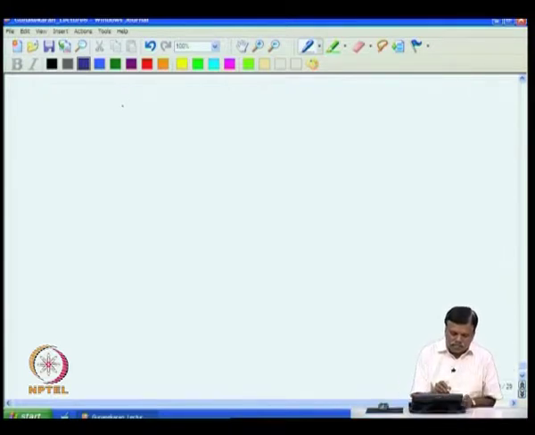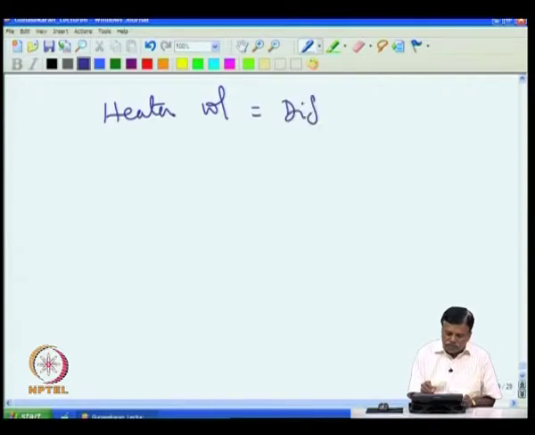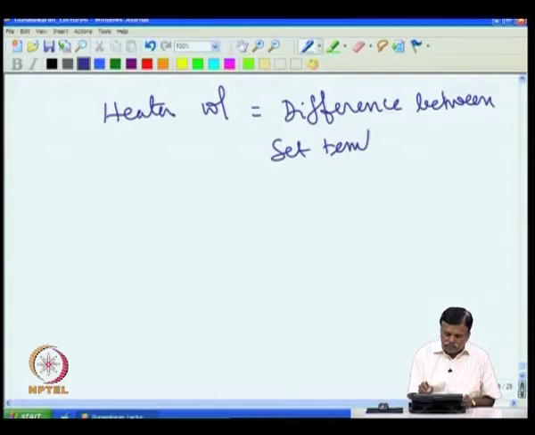That is the basis of the proportional controller. So, we generate a heater voltage that is proportional to the difference between the set temperature and the actual temperature.